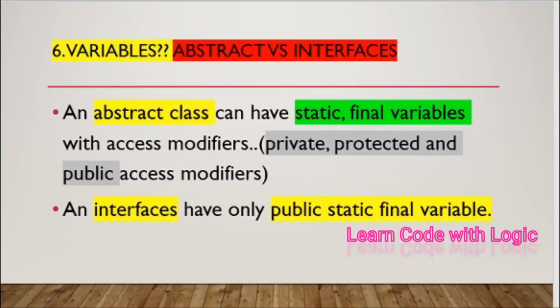The next difference between abstract classes and interfaces is about variables. Here the abstract class has an advantage over interfaces. It can have static final variables with access modifiers private, protected and public, whereas interfaces can only have static and final variables.